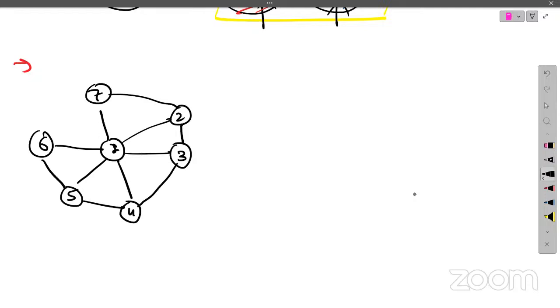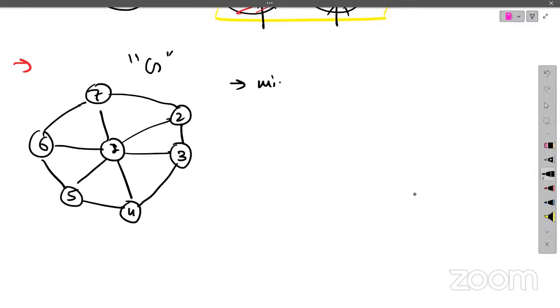I'll give you 2 minutes to answer this question. Suppose this is your graph G. What will be the minimum number of colors we need to color this particular graph, with the restriction that if two vertices are connected by an edge, we have to use 2 different colors?